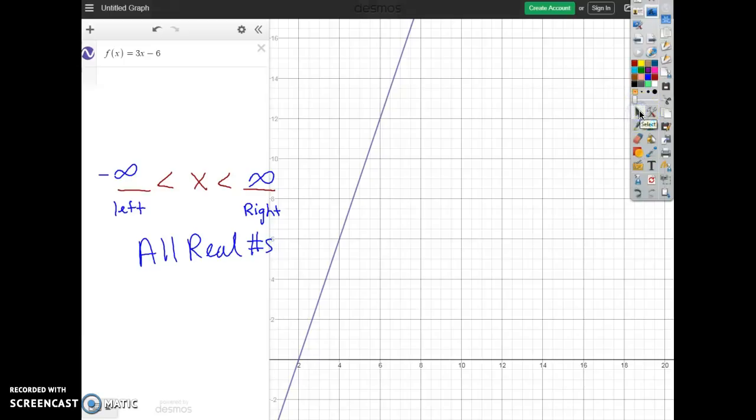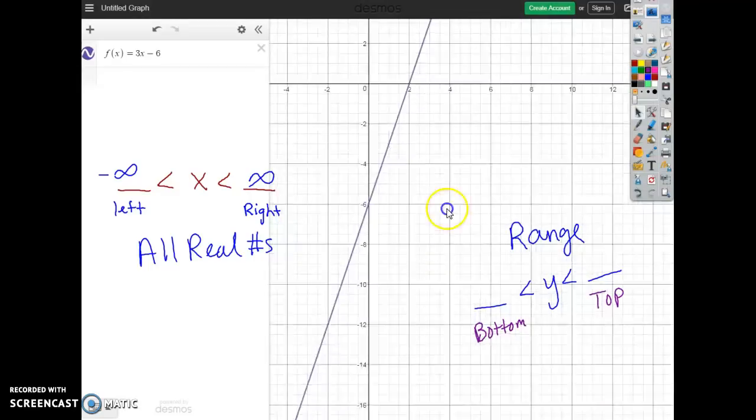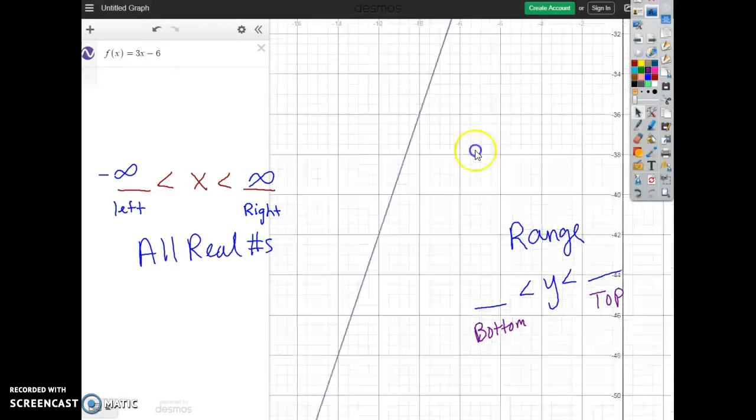And then the range. Okay, remember, it's like this. And now we're going from the bottom-most point to the top-most point. And it's on my word wall. It tells you from what to what. So if you forget, make sure that you look on there. So let's go look at the bottom-most point. Where is the bottom-most point?